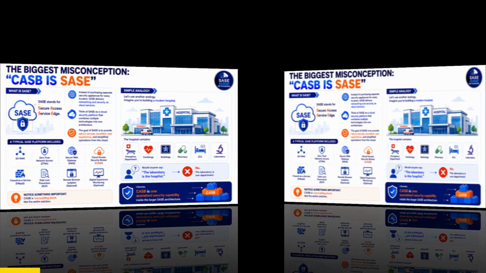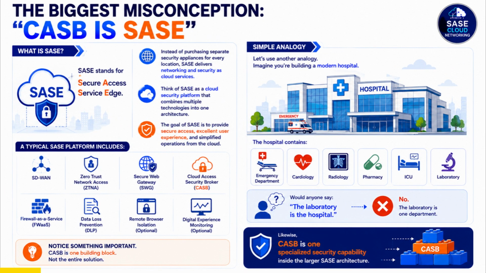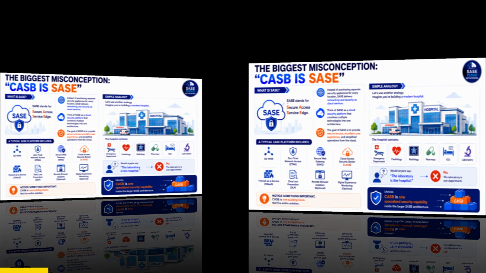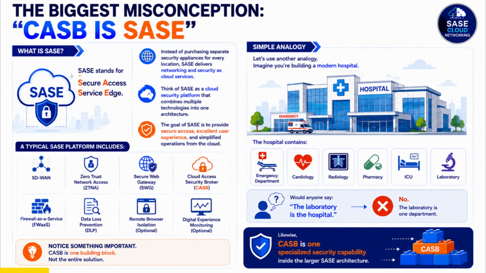A typical SASE platform includes SD-WAN, Zero Trust Network Access (ZTNA), Secure Web Gateway (SWG), Cloud Access Security Broker (CASB), Firewall as a Service (FWaaS), Data Loss Prevention (DLP), Remote Browser Isolation (optional), and Digital Experience Monitoring (optional). Notice something important. CASB is one building block, not the entire solution.